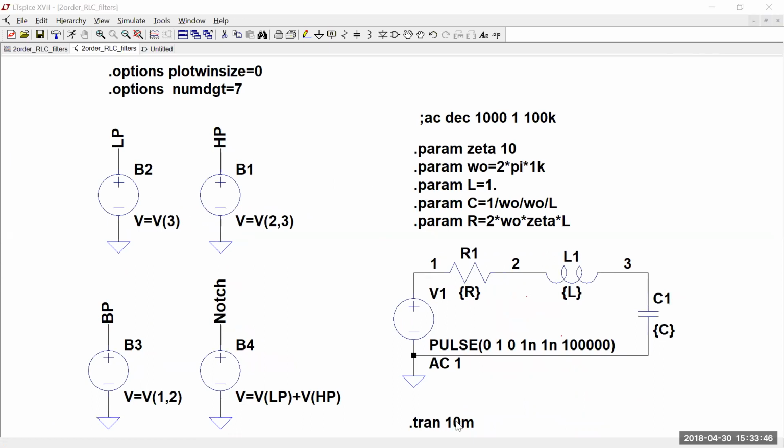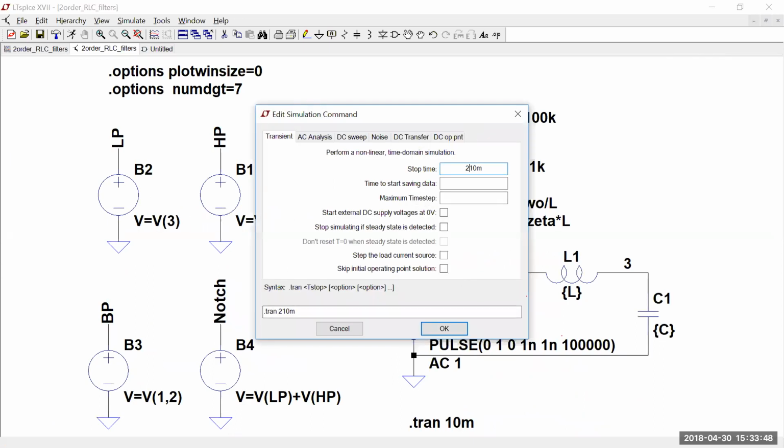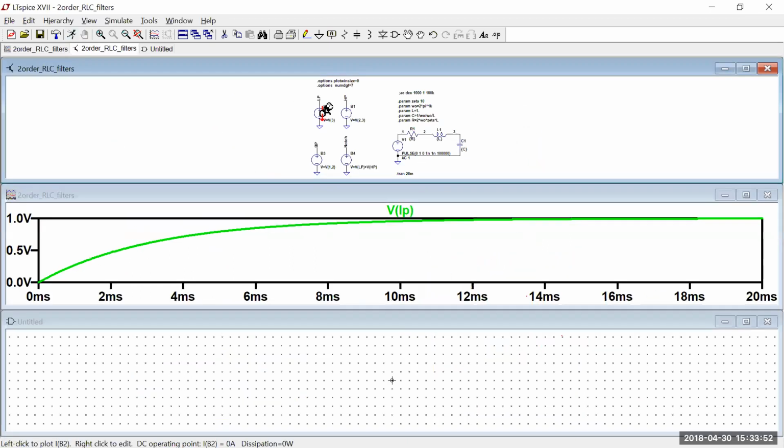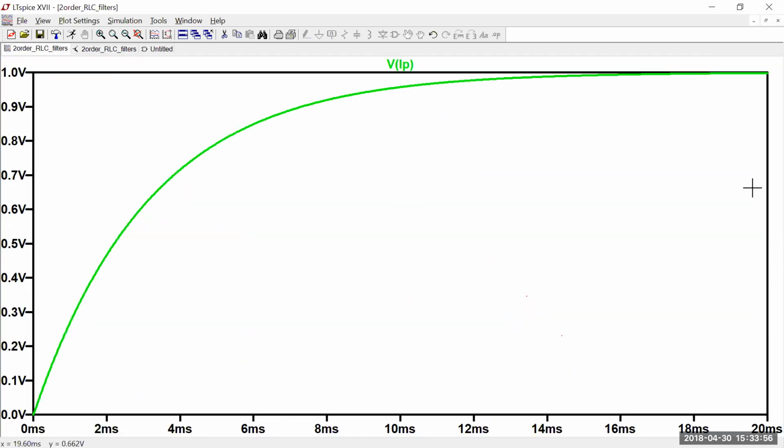And if I run it for a long time, well, you can't really tell, can you? So you could say first order, low pass because it goes to DC.